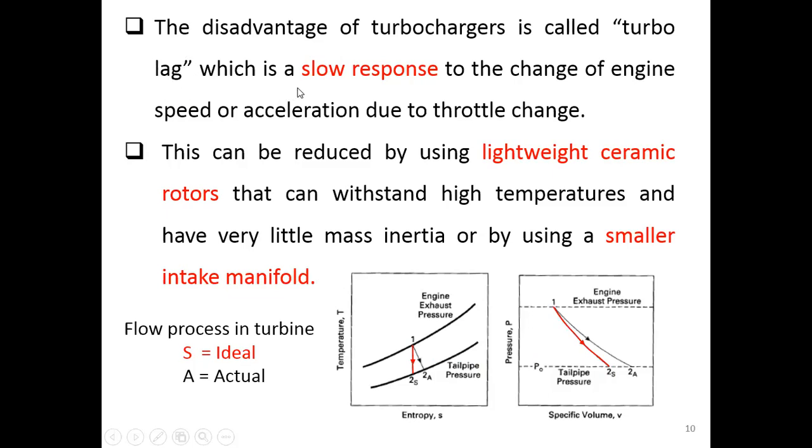Turbo lag is a slow response to the change of the engine speed or acceleration, or in other words, the response to the change in loading of the engines due to the throttle change. The throttle change means the loading change. When the loading of the engine changes, the speed and the acceleration of the engine change.